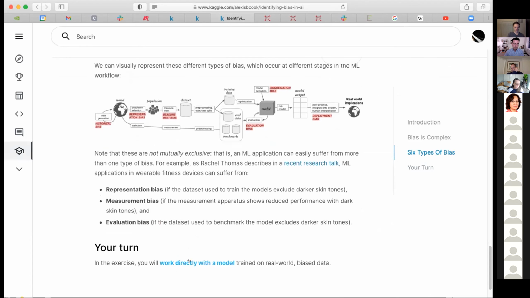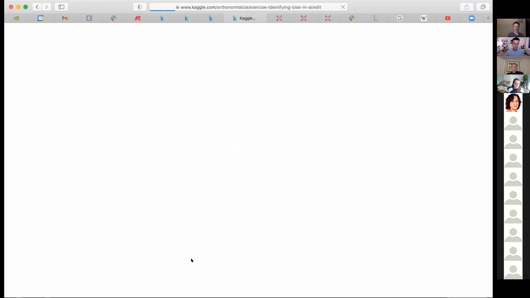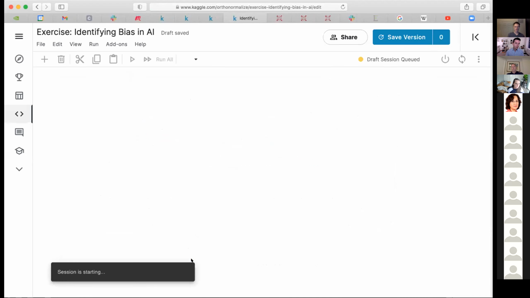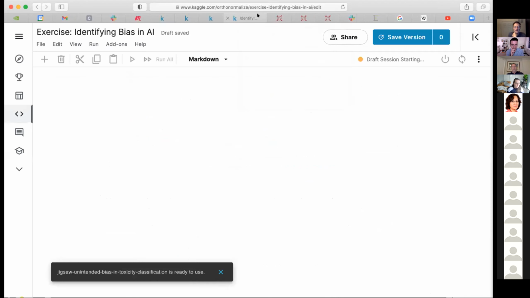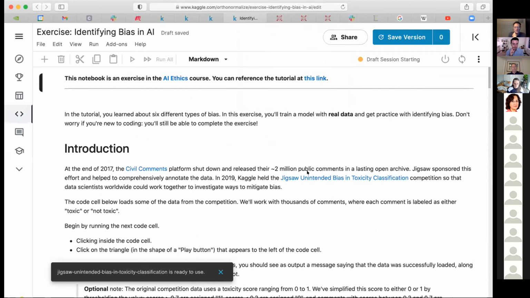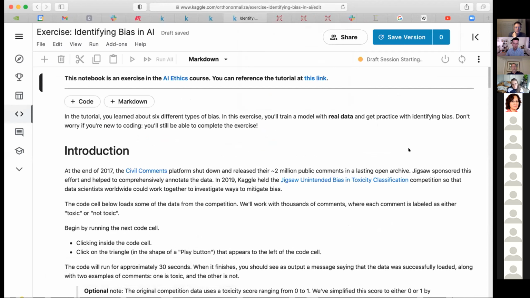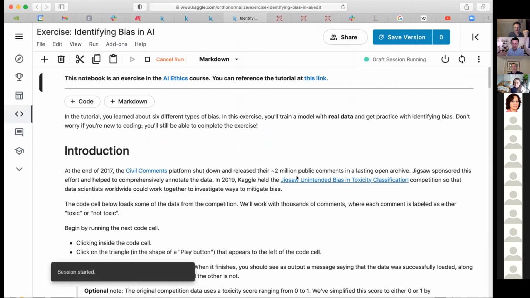So we'll jump into the exercise, which is the one with the jigsaw puzzle, isn't it? Yeah. So in 2019, Kaggle held a competition on the Jigsaw Unintended Bias in Toxicity.